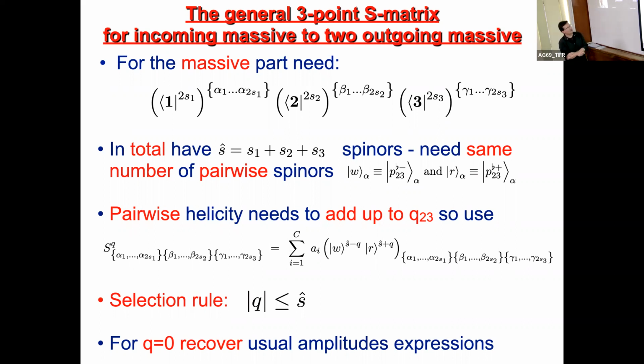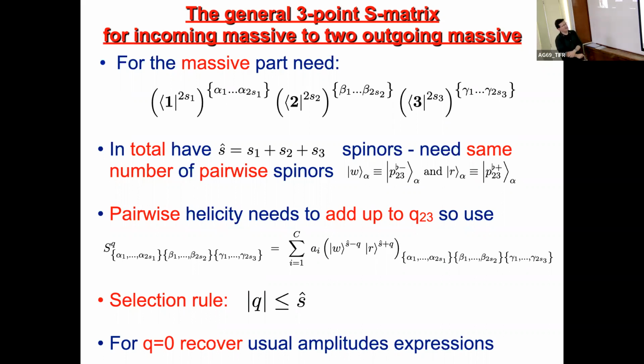In total, you have (s1 + s2 + s3) times 2 spinors, and you need to match these spinor indices with the spinor indices from the pairwise helicity variables.